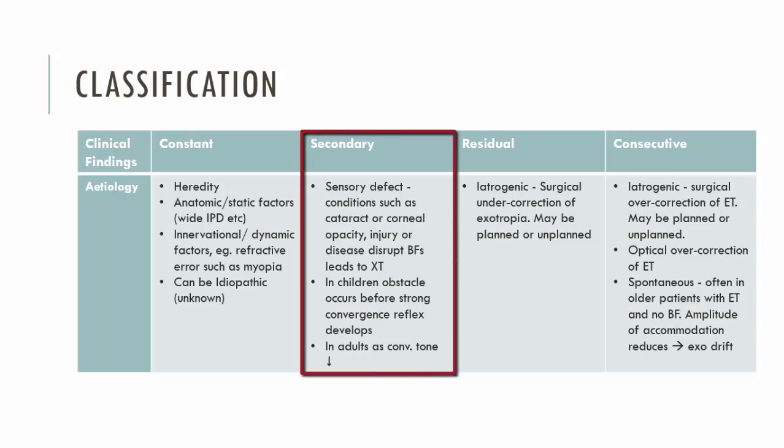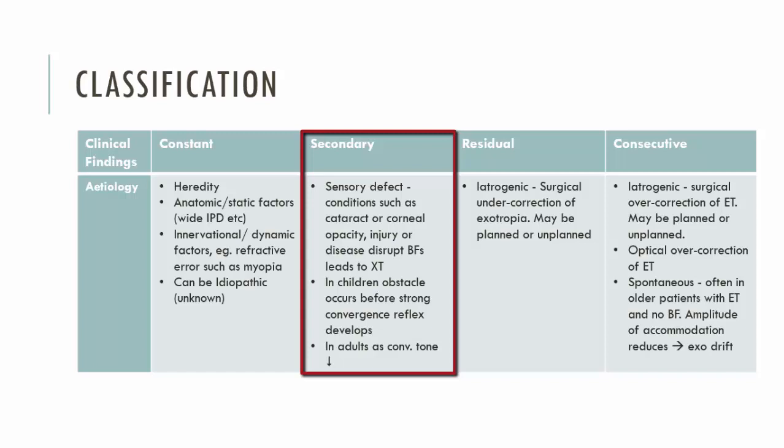Depending on the age at which the deviation develops, this will determine whether the secondary deviation is an exo or an eso. Most secondary exodeviations occur in adults, and that's because there is a reduction in the convergence tone. So if there's a disruption to BSV, more often than not, it'll be an exodrift that occurs at that point.